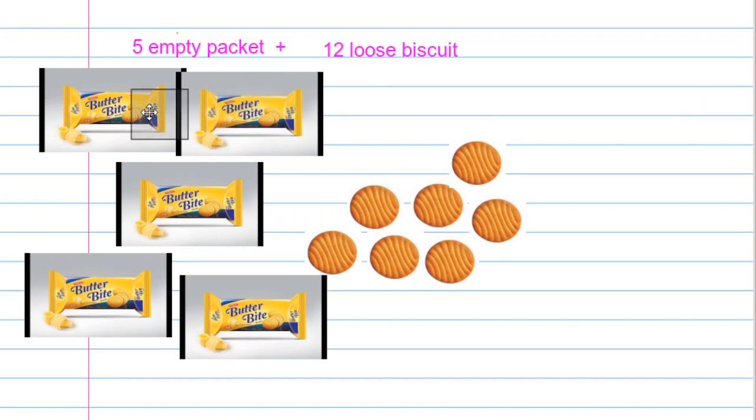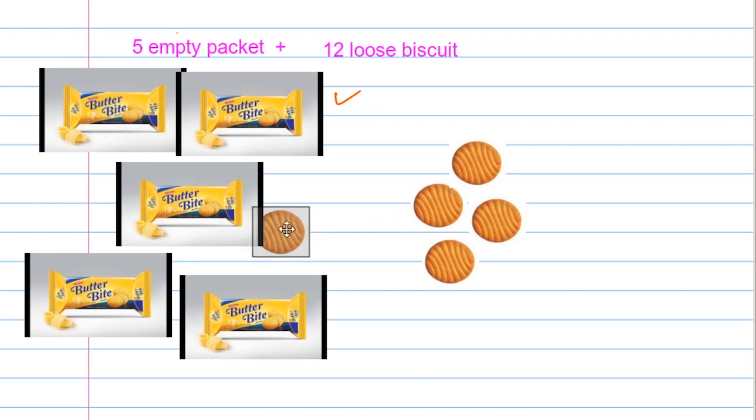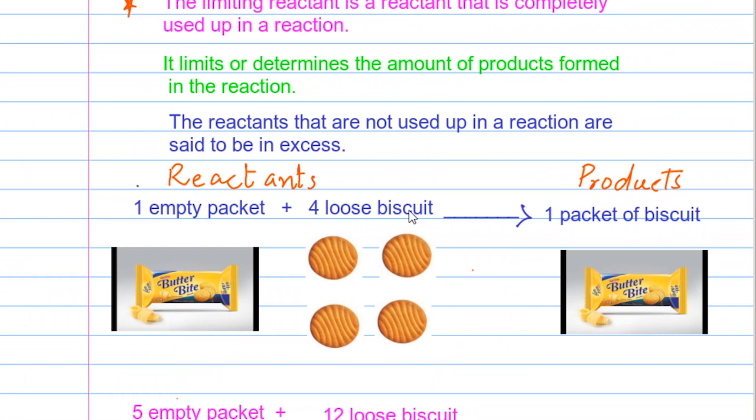Another one, we have packed this one, we have packed this one. Okay, this one is done. Now 1, 2, third biscuit we are going to pack in it, and then 4. So we have packed 4 biscuits in one empty packet.